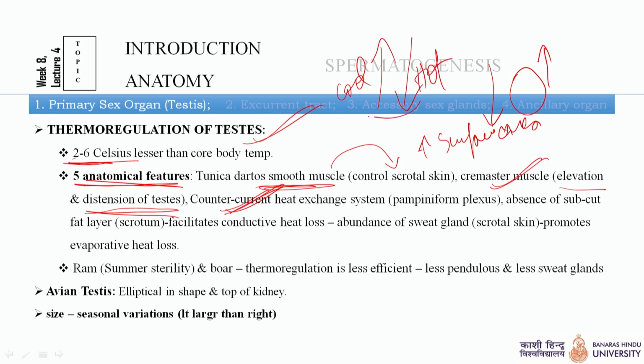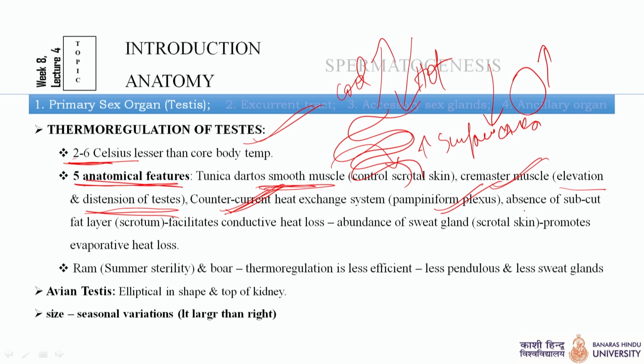As it moves in a spiral form, that is called the pampiniform plexus. This structure enables the transfer of heat from the artery to the vein. As a result, lower temperature blood will reach the testis with the help of the pampiniform plexus structure by the countercurrent heat exchange mechanism.